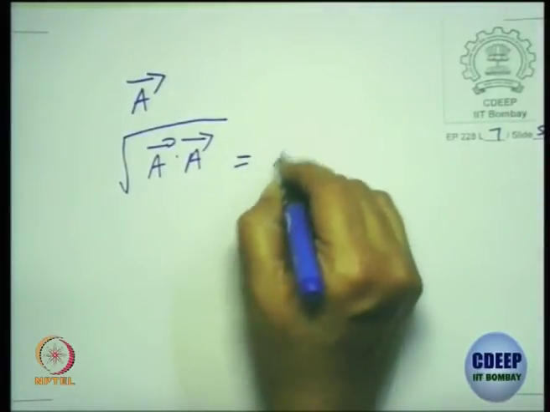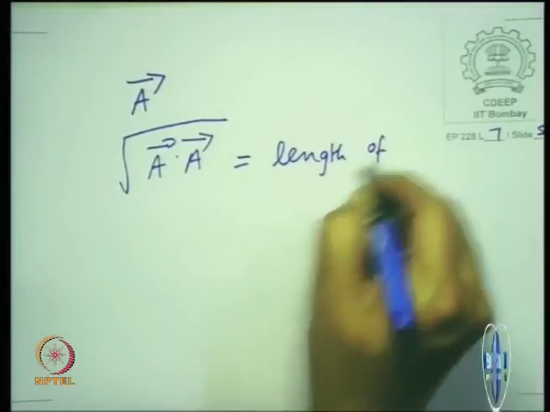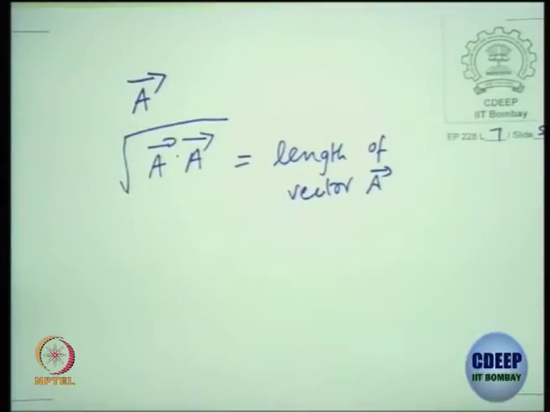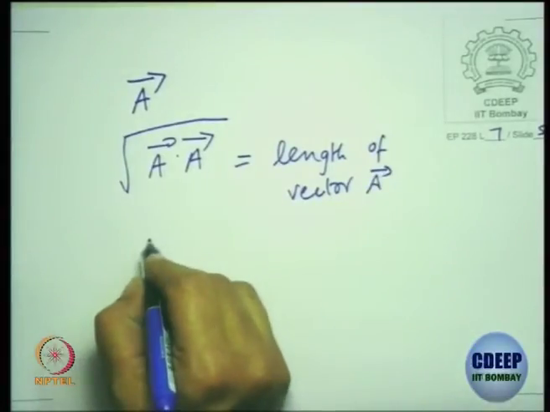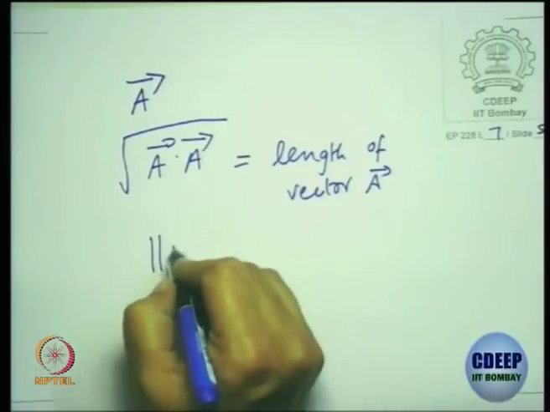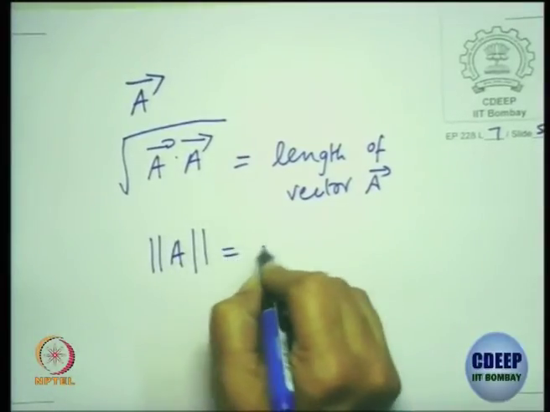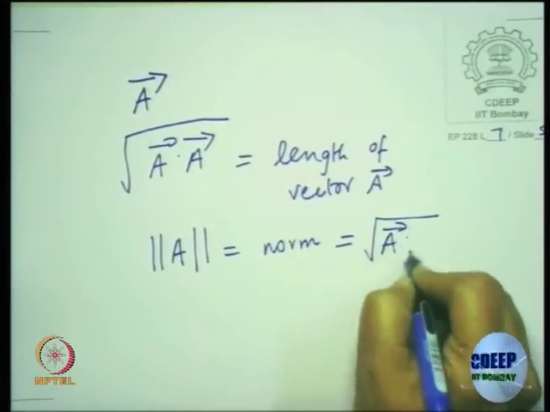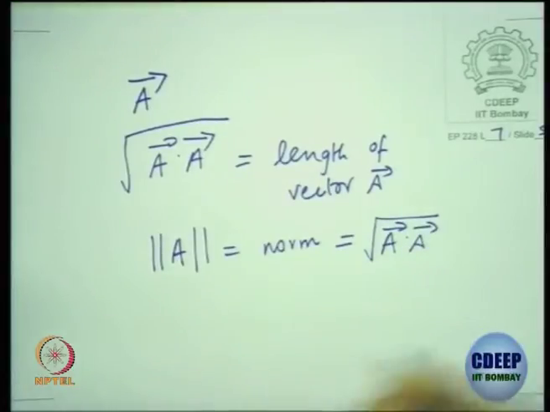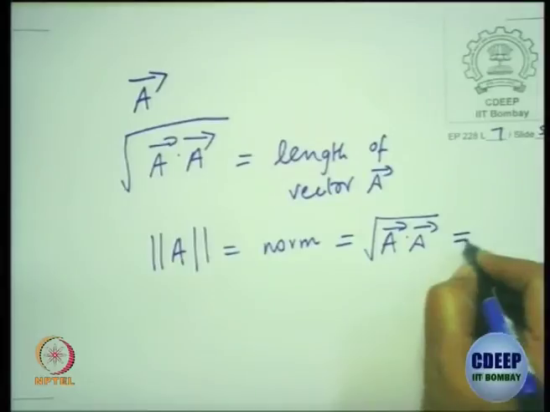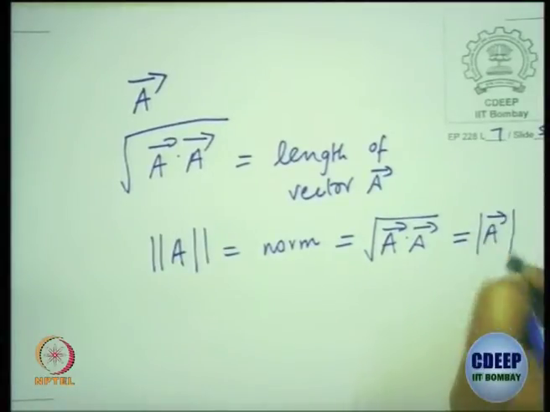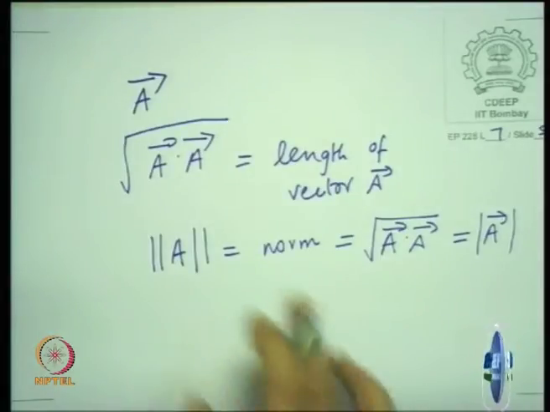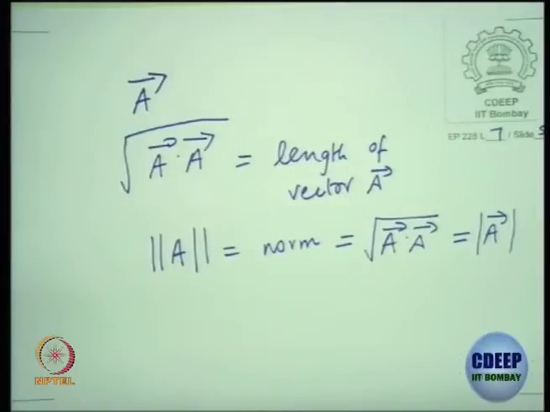This is what you will say is the length of vector A, which is formally sometimes written as the norm. This is what we call the norm, which is nothing but the square root of A dot A. Sometimes people also write in vector calculus the magnitude of the vector A. Is that right?